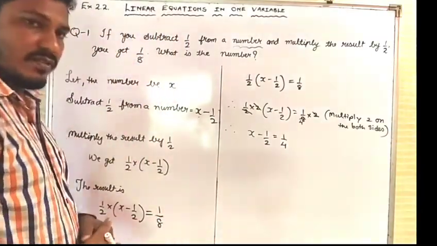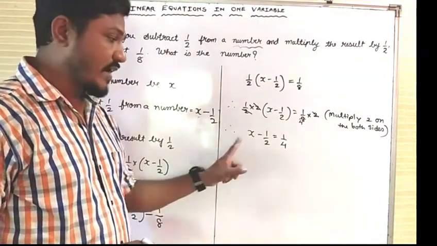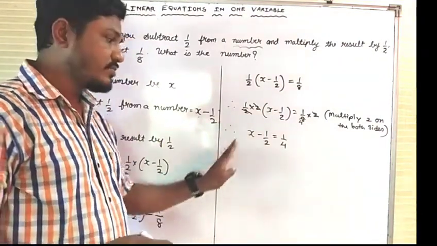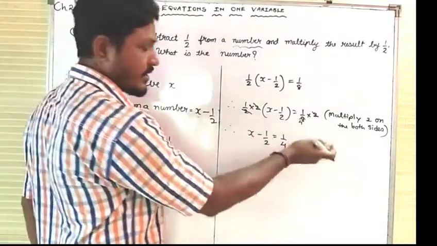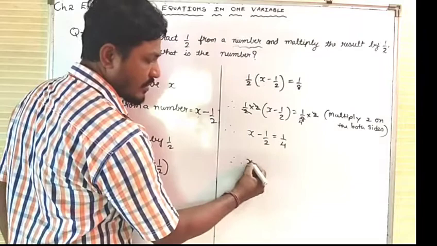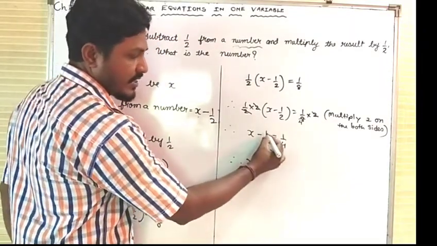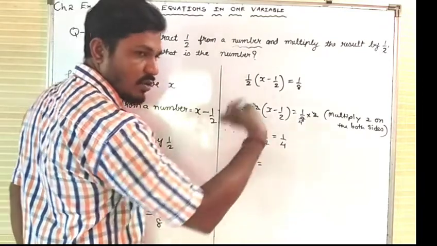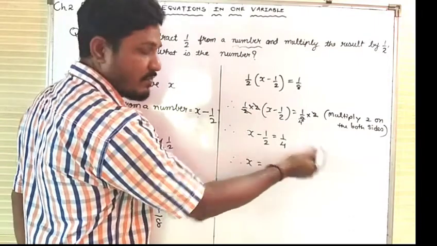Now see, slowly and steadily we are getting the value of x. As I told you, to find the value of x, always try to separate it, so whatever value is beside it, transpose it. I will put the equal sign beside x and transpose this minus 1 by 2 to my right hand side. Here it is negative, while transposing it will become positive.